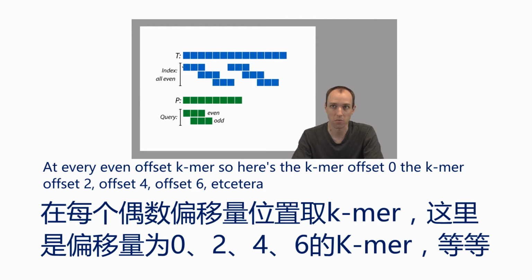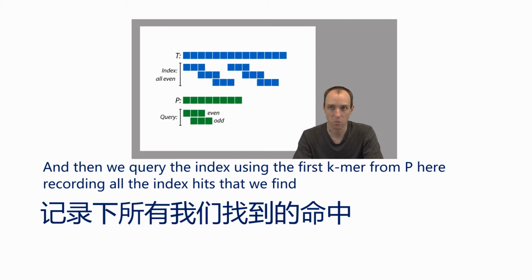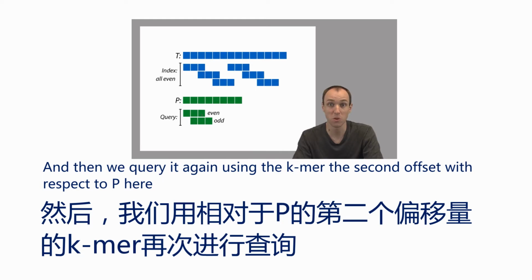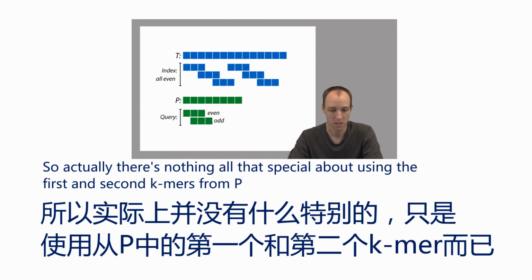So here's the k-mer at offset 0, the k-mer at offset 2, offset 4, offset 6, etc. Then we query the index using the first k-mer from P, recording all the index hits that we find, and then we query it again using the k-mer at the second offset with respect to P. Again, we record all the index hits that we find, and we verify all those hits.